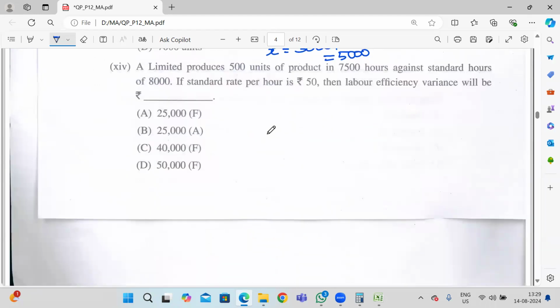So AE Limited produces 500 units of product in 7,500 hours against standard hours of 8,000. If standard rate per hour is 50, then labor efficiency variance will be. So here we need to calculate labor efficiency variance.